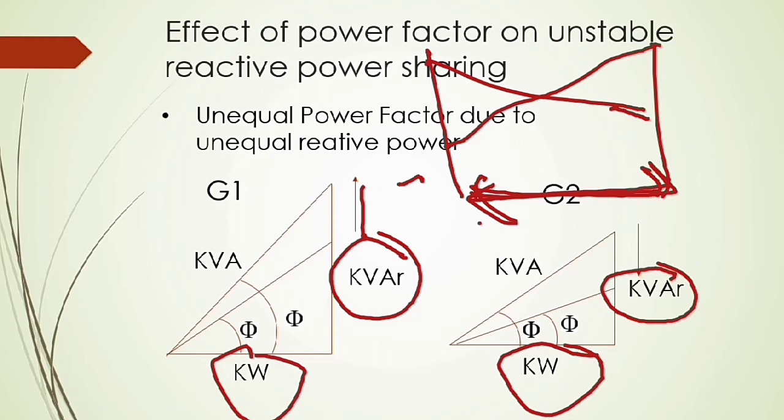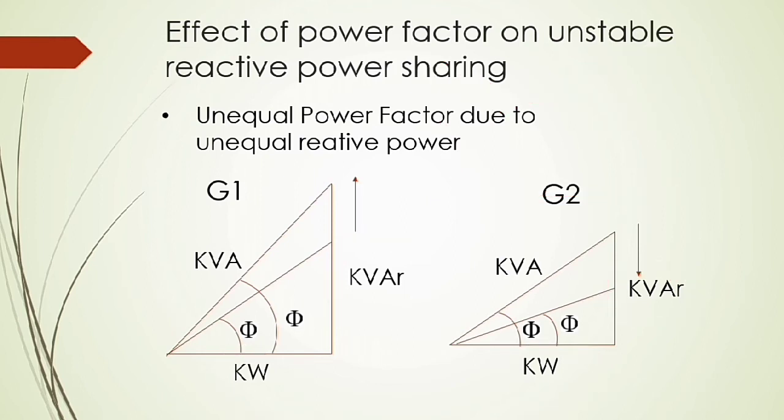So if generator 1 is sharing more reactive power, that means generator 2 must be sharing less reactive power. If generator 1 is sharing large reactive power, the power factor angle will increase.